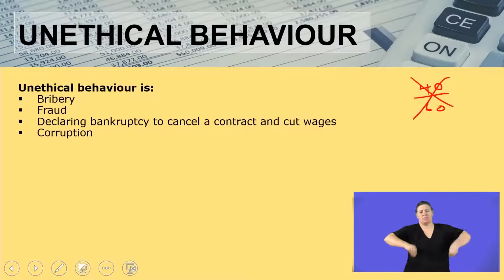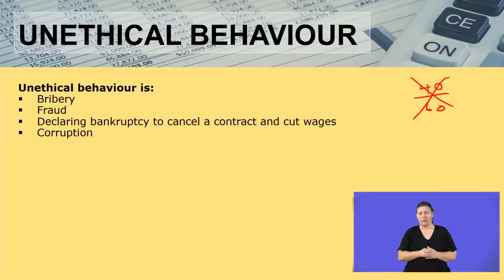That is unethical behavior where one declares bankruptcy, saying there is no money at the bank because you want to cut wages or cancel a contract. These above that I've mentioned will also be found in corruption. These are wrapped up in what we call corruption.